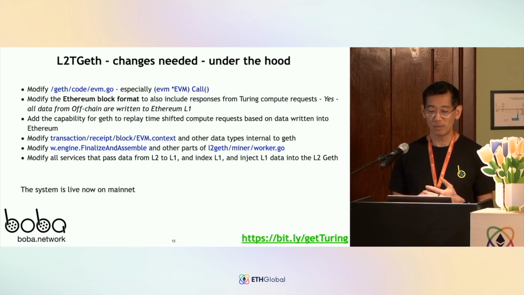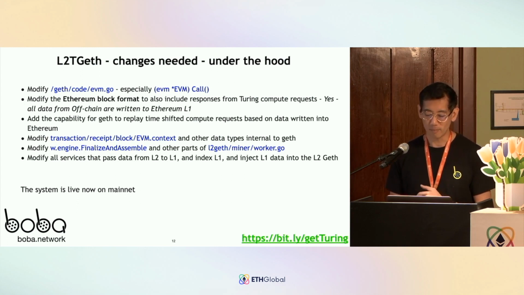And then we also added the ability for Geth to replay these compute requests based on the data that's written to Ethereum. We also modify a bunch of internal data types and other parts of L2Geth, miner, worker, Go.